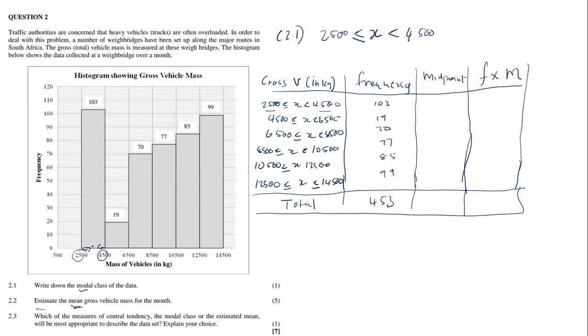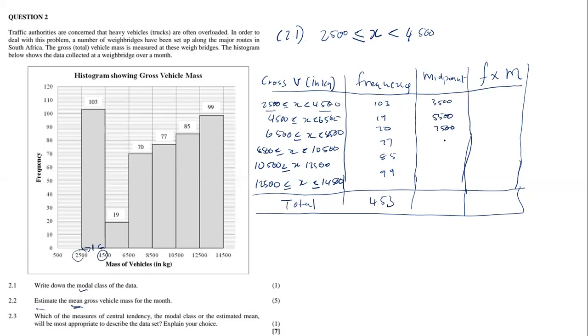This plus this divided by 2, you're gonna get 3,500. Same applies for this interval: add this and this, divide by 2, you're gonna get 5,500. Same applies here, you're gonna get 7,500.